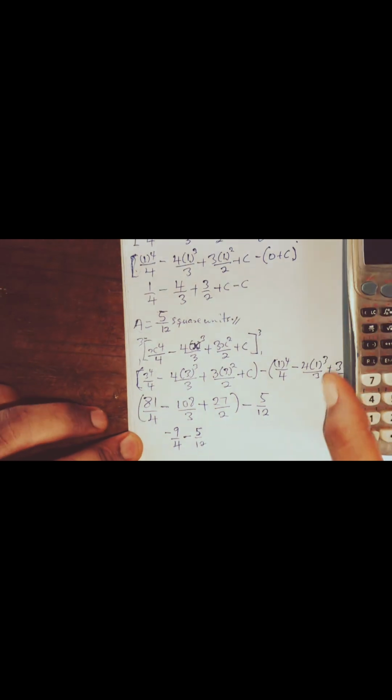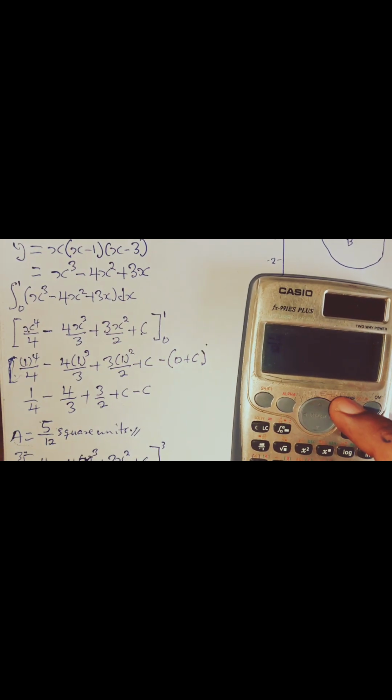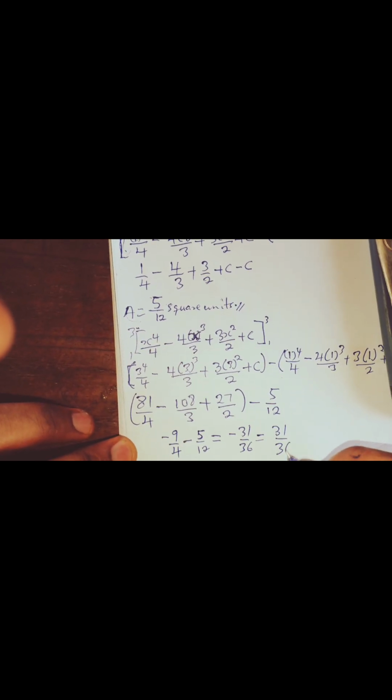So I have now minus 9 out of 4 minus, then we have 5 out of 12. And I'm getting something like negative 31 over 36. So this is equal to negative 31 out of 36. But don't forget, we are finding area and it can never be negative. So I'll take the absolute value, which is giving me 31 out of 36.